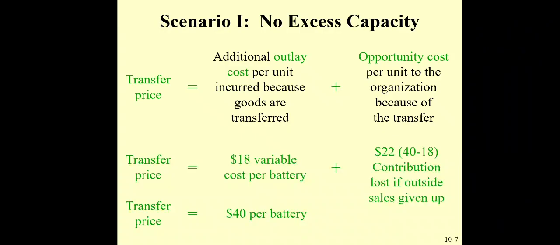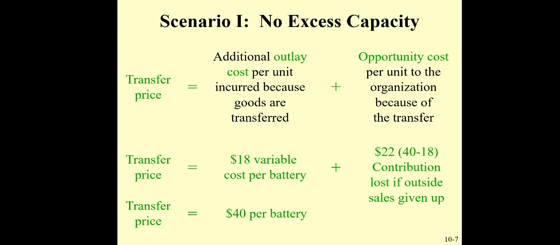Okay, remember, this is the solution. To find the answer for the question, you have to use the basic formula. The basic formula is transfer price equals additional outlay cost per unit incurred because goods are transferred plus opportunity cost per unit to the organization because of the transfer.